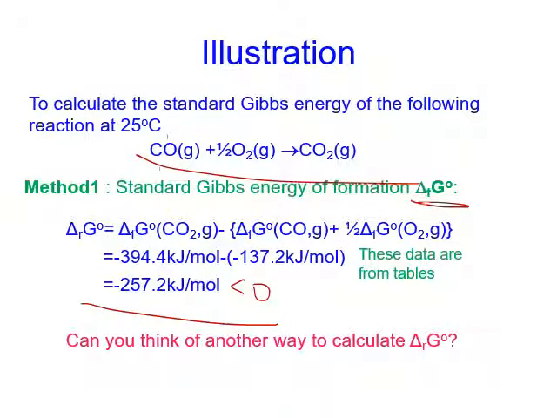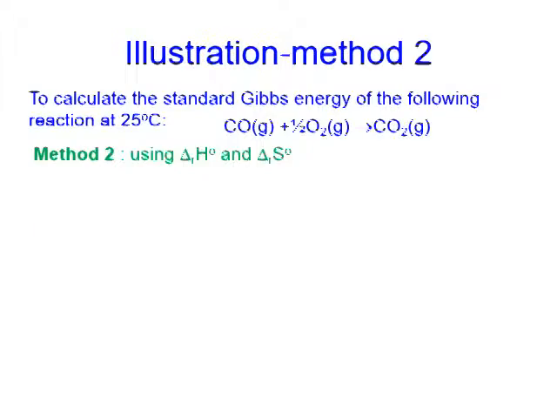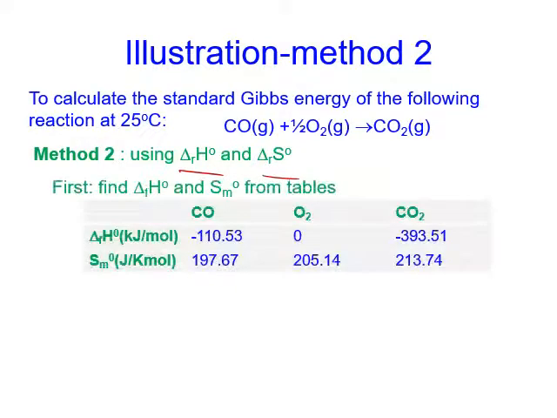Now let's think about the second method. For the second method, we need the standard enthalpy of reaction and standard entropy of reaction. To do that, we need to find the table for formation enthalpy and standard entropy.